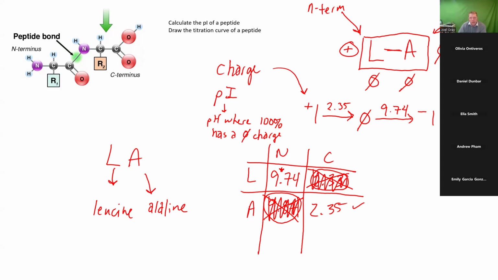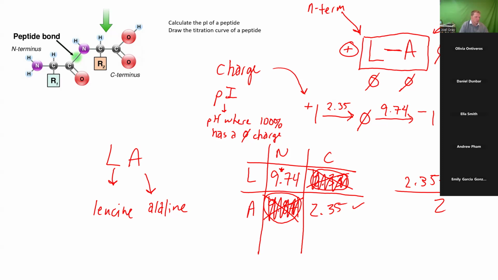So there are an equal number of negative charges and positive charges, so they cancel one another out. Now, to arrive at that, we take our two pKa's, 2.35 plus 9.74, and divide that by 2. So I'll plug this in.